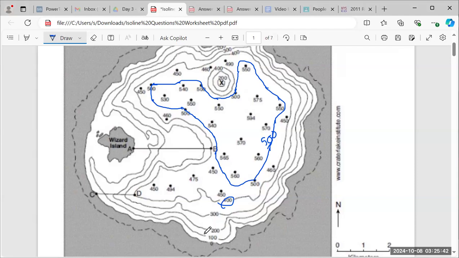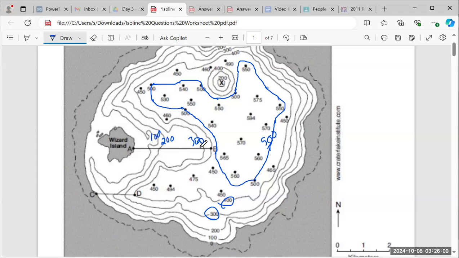And when I look, 300 follows the second line here, right? So I'll just write 300 here. And then what would this line be? Well, when I look, 200, right? When I follow that line, it looks like 200 would be here. And then look at 100, right? And 100 would be here.